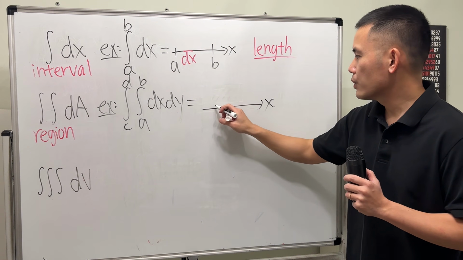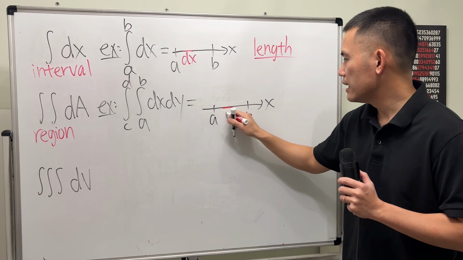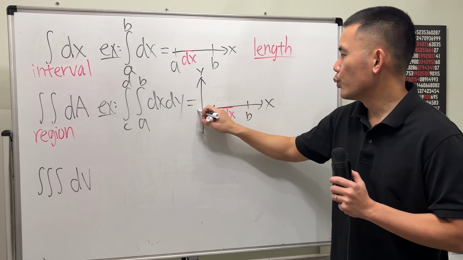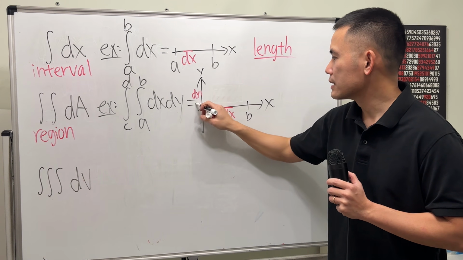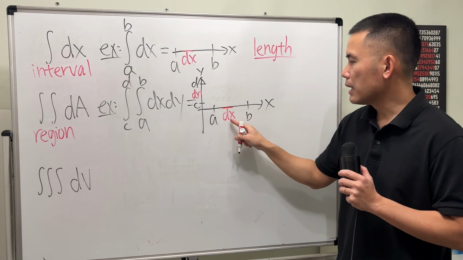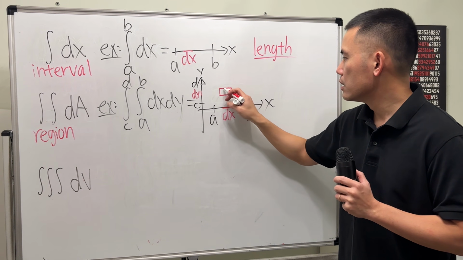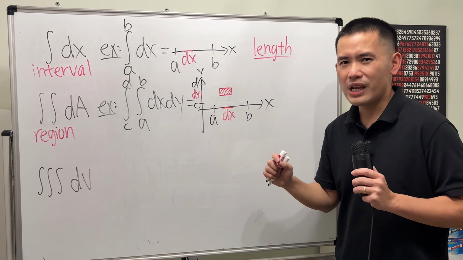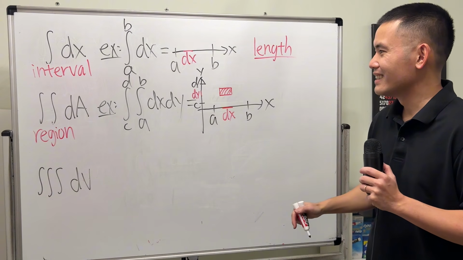On the x-axis, we are going from a to b, adding up all the small dx's. And then on the y-axis, we will have a bunch of the dy's, and we are going from c to d. Now, if you multiply dx and dy, you're going to get a small piece of the rectangle like this. And that's like a differential area. It's like the extension of the little dx.